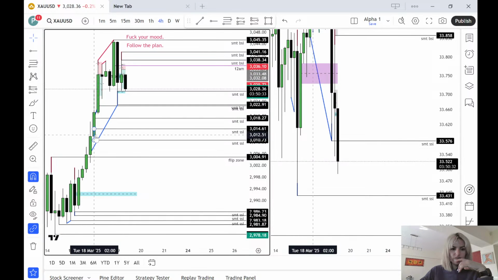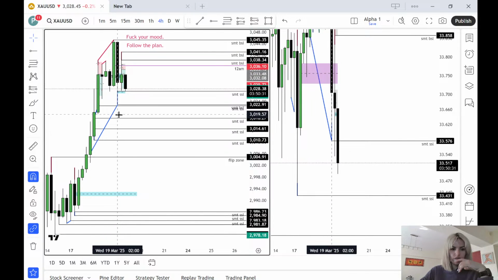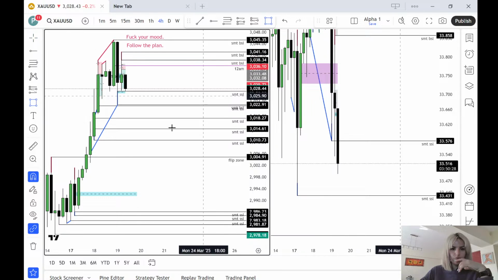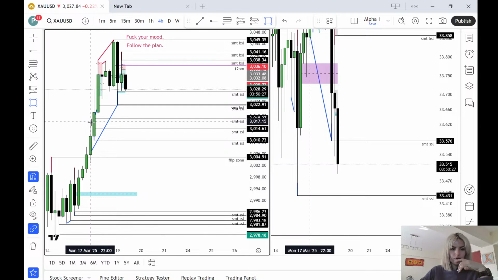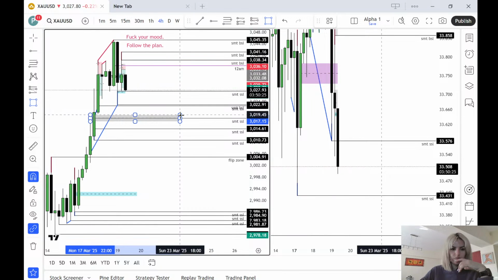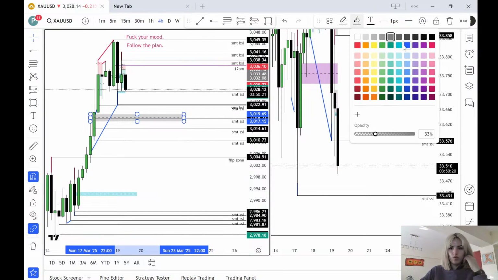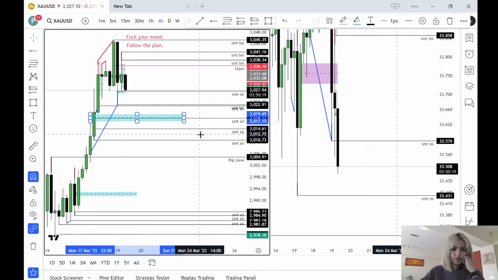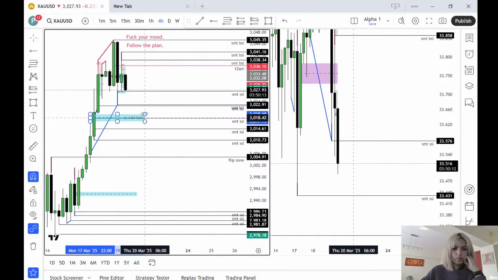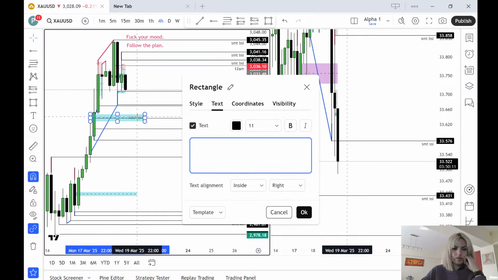Someone sent me something on WhatsApp about this 4-hour buy side. Someone, my boyfriend, did that as a draw on liquidity. Okay, so we're going to mark this right here. Draw on liquidity, not like this.